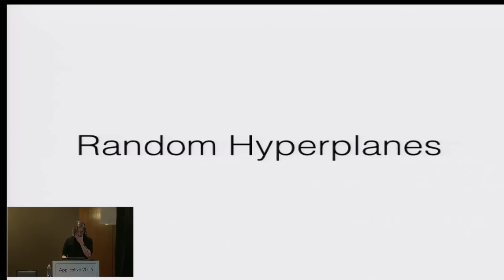So the one that I've personally implemented is using random hyperplanes. The idea is that we basically just divide up the high dimensional space into a bunch of different sections, and once we do that, we can use that to start estimating the position of the document vectors within that space.